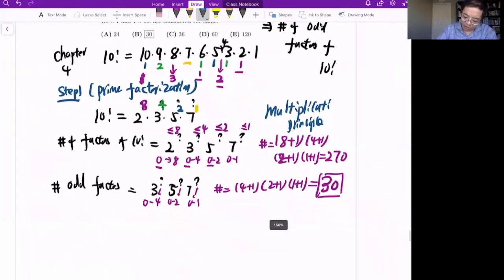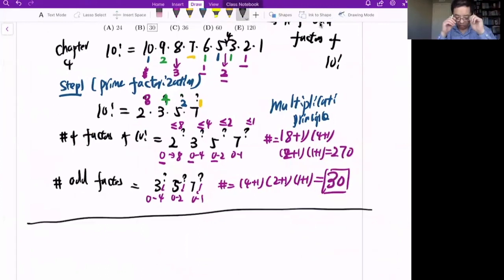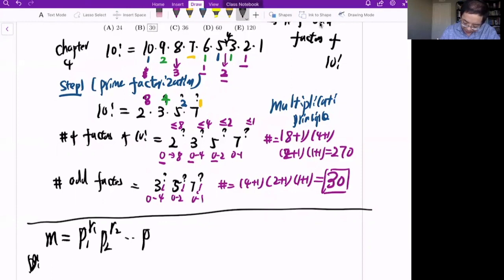In general, I'm going to make the general statement, which is in chapter 4. Suppose I have a number n with a prime factorization. To make a general statement, I have to use algebra, so I'm going to introduce the letters. I have P1 to the R1, P2 to the R2, up to PK to the RK.